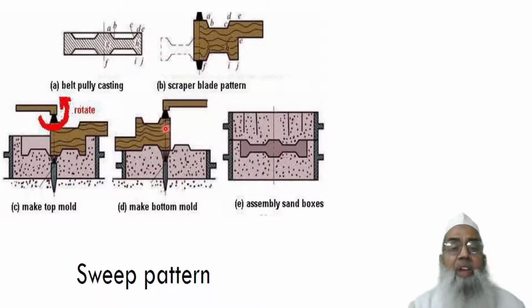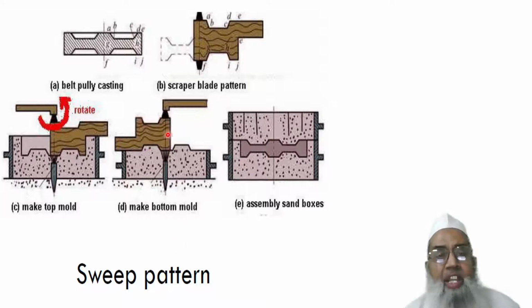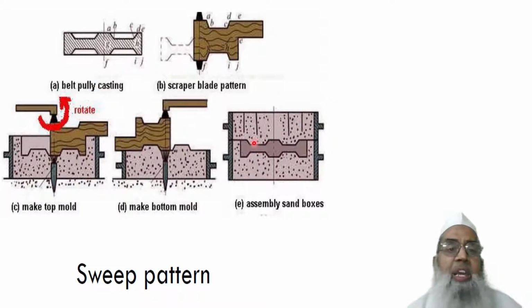Now, if the size of the pattern is very big and symmetrical, then instead of making the whole big pattern, we make a scraper blade pattern. We fill the mold box with sand, and we rotate it about the axis and scrape out the undesired molding sand and have the cavity.